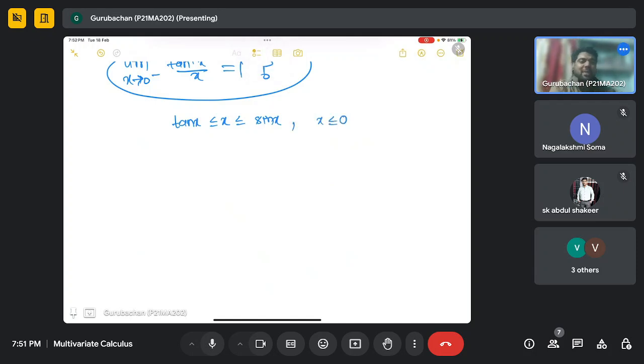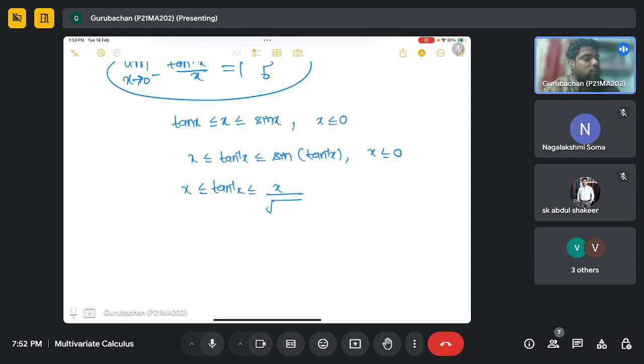Again, you will put here x, so it will be x tan inverse x, sin tan inverse x, where x is less than or equal to 0. So this will be nothing but, what was sin tan inverse x? That was x by under root 1 plus x square for x less than or equal to 0.